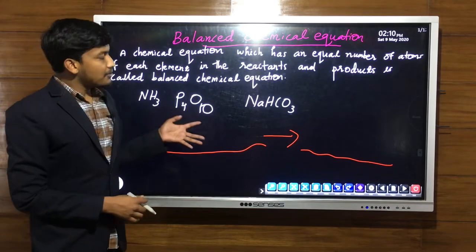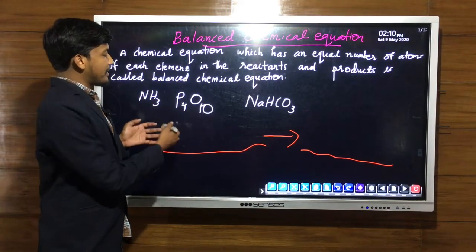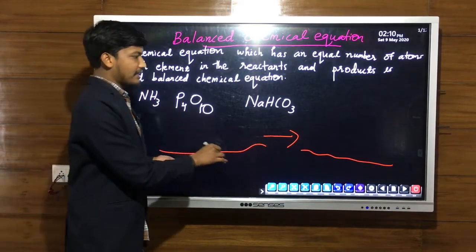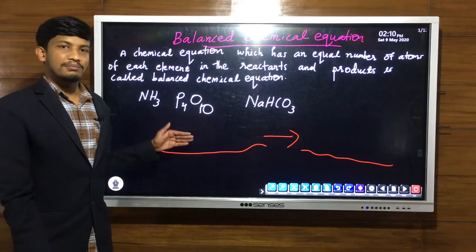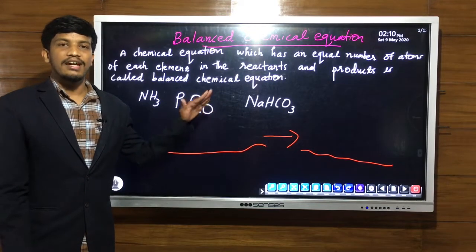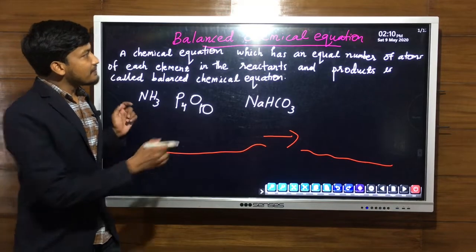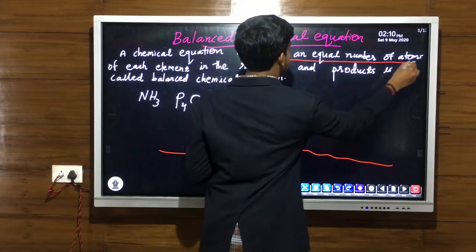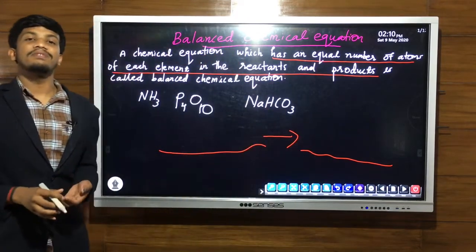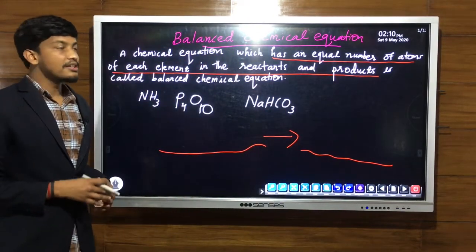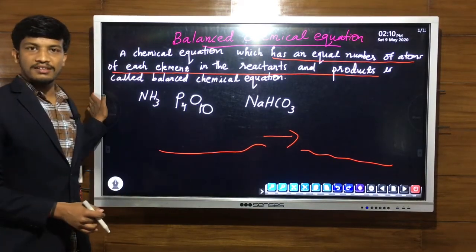Now, what is balanced chemical equation? That means if we count the number of atoms of reactants and products, and suppose we get an equal number, that equation is called balanced chemical equation. So I repeat, the equation which has an equal number of atoms of each element in the reactants and products is called balanced chemical equation.